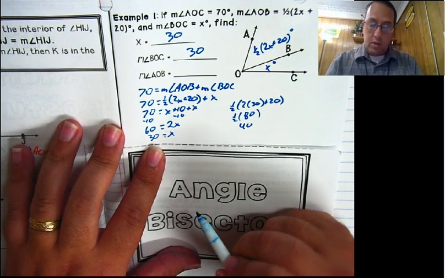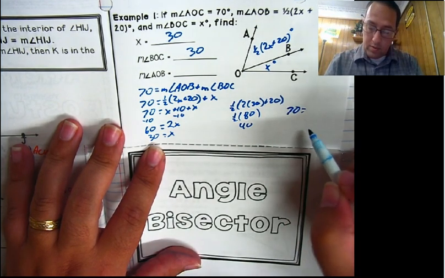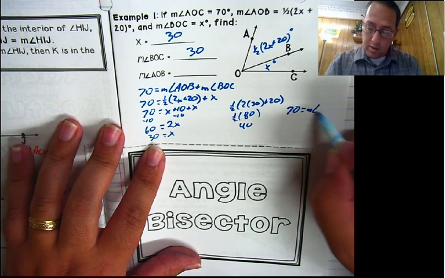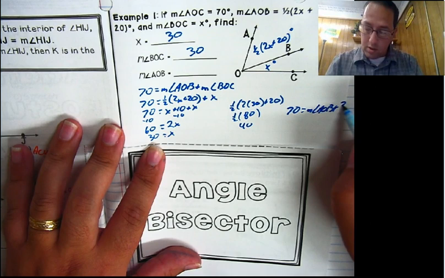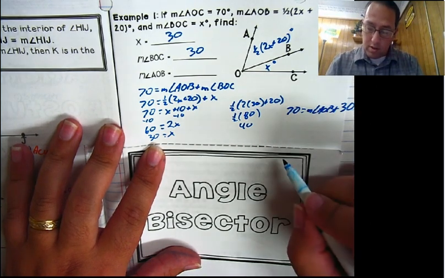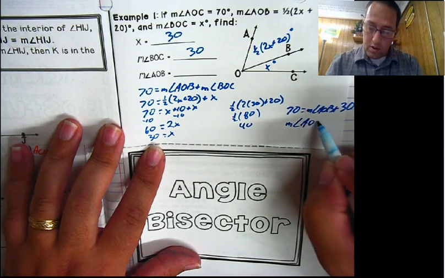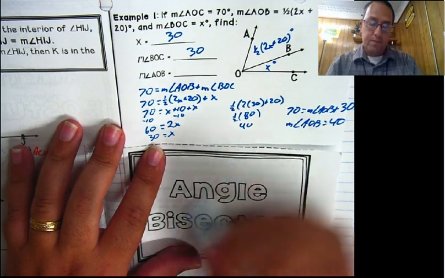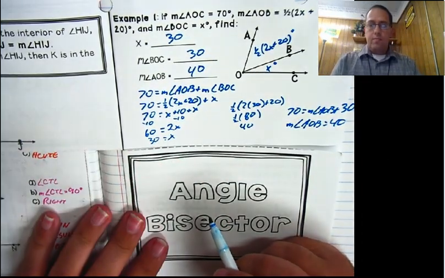Or option 2, I know that 70 equals AOB plus BOC. So 70 equals the measure of angle AOB plus 30. Subtract 30 from both sides, and I end up with the measure of angle AOB equals 40. Same thing we had there. And it also checks to make sure you did it right.